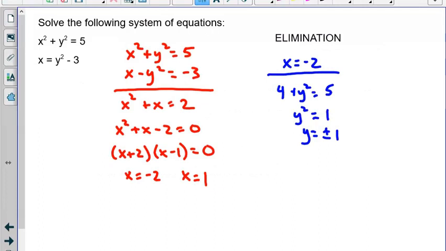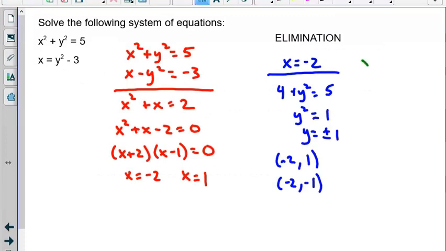So when we substitute negative 2 back in, we get y equals plus or minus 1. If I substitute it back in to the bottom equation, I would get the same thing. I would get y squared equals 1 after I added 3 to both sides, and then I would take the square root and I'd get y equals plus or minus 1. So negative 2 comma 1 and negative 2 comma negative 1 are both answers that make this work.